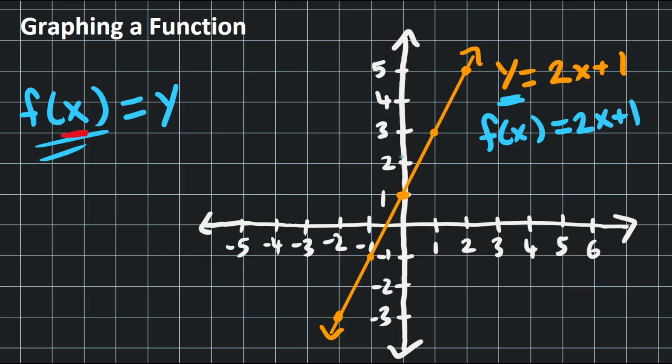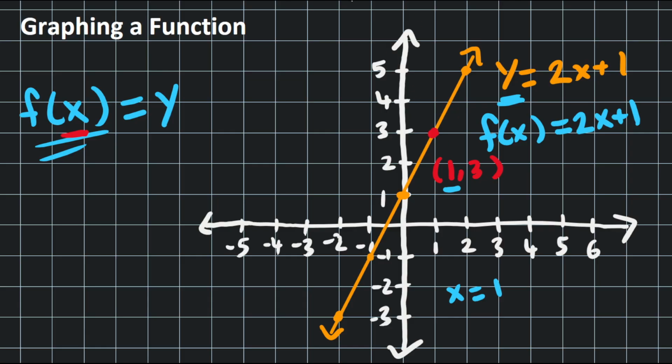How you read this is very similar to how you would read a graph for a normal equation. If we take this point right here, we can see this is (1, 3). What is 1 and what is 3? 1 is the x coordinate, so x equals 1.